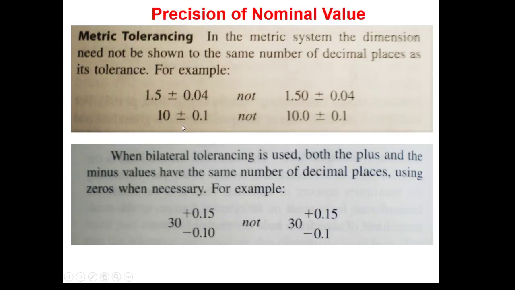ISO says that if the deviation starts from tenths, in this example you see 0.1 is the deviation, starting just after the decimal marker from the tenths, if the deviation for the dimension of the feature starts from tenths, then show the nominal value of the feature as an integer. That is the rule of ISO.